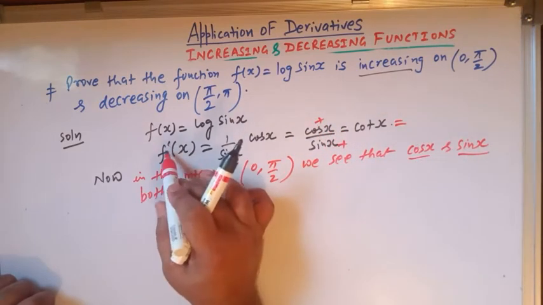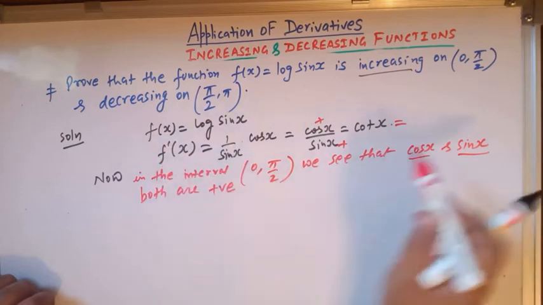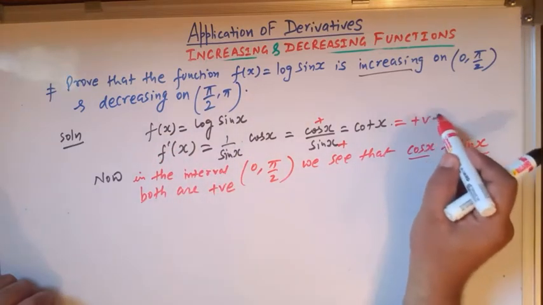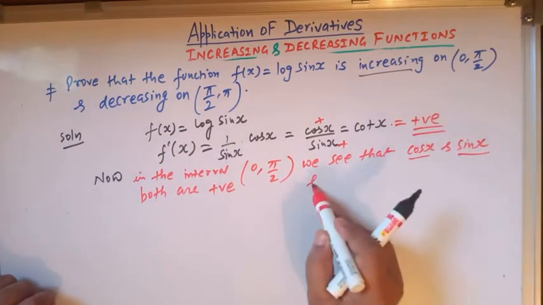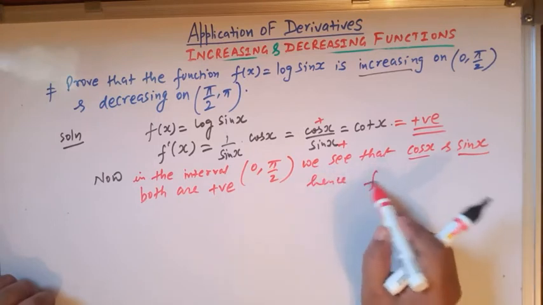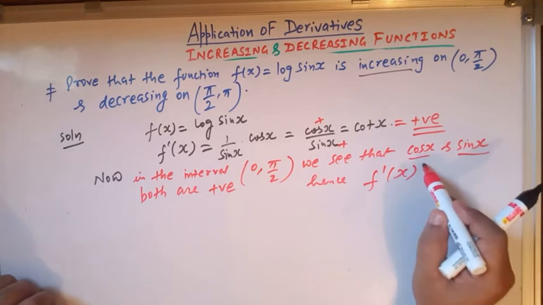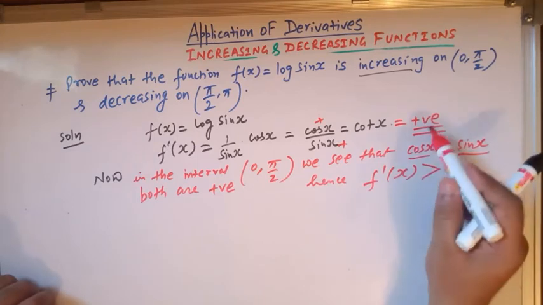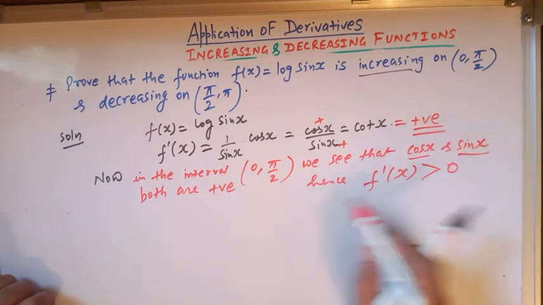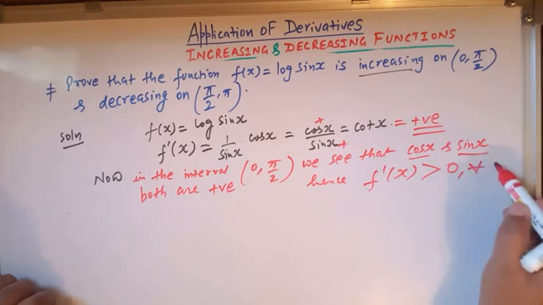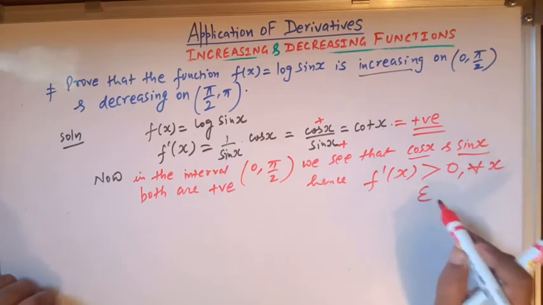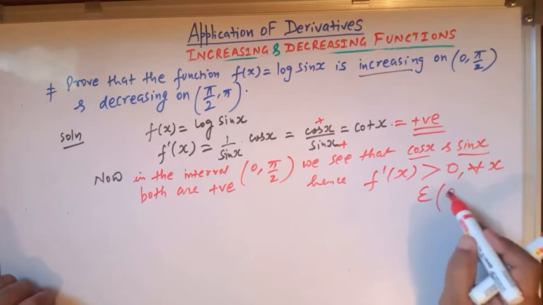So therefore this derivative is positive. Clear? So hence we can say that the derivative of f is greater than 0, or it is positive for all x belonging to this interval.